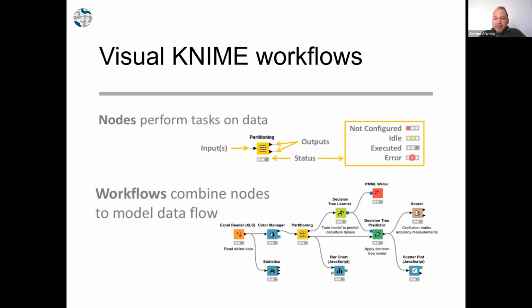When there is a red color, the node is not configured yet. When there is yellow, it is idle and waiting for execution. And when there is green, it means it was successfully executed. And when there is an X with red around, it means that there was an error in the execution.